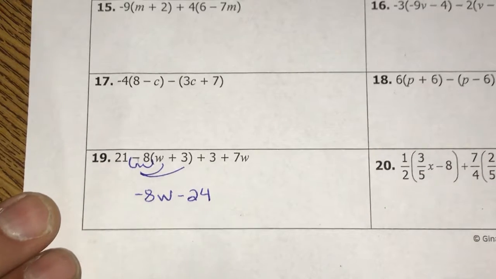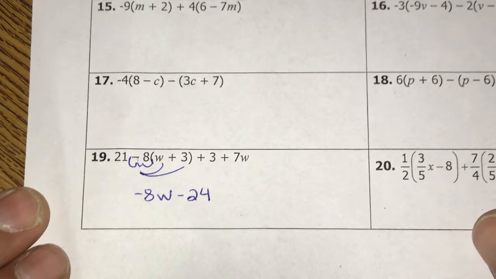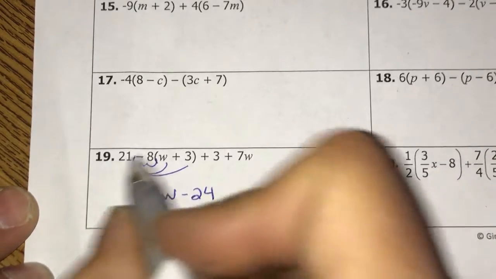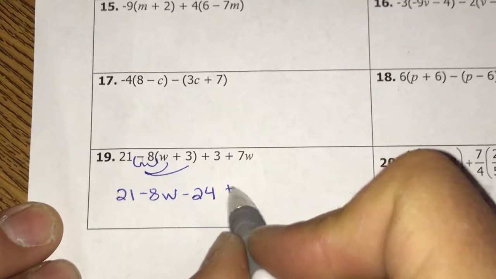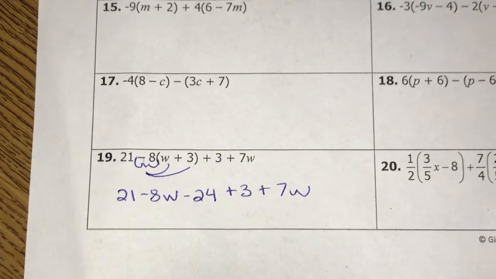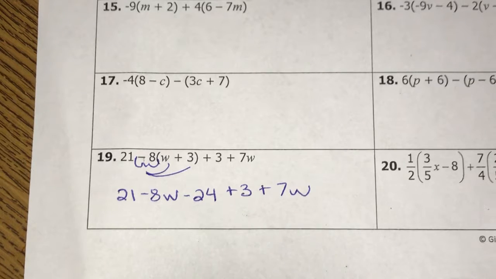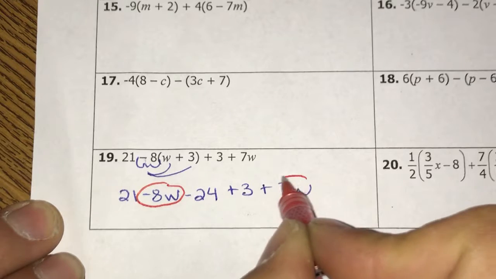You'd be all sorts of messed up if you put that plus 24. That's a 48 unit difference. 24 to negative 24, that's a big difference. And then we're bringing down the rest. And now back to like terms. So I have w's. Always start with your variable terms first.